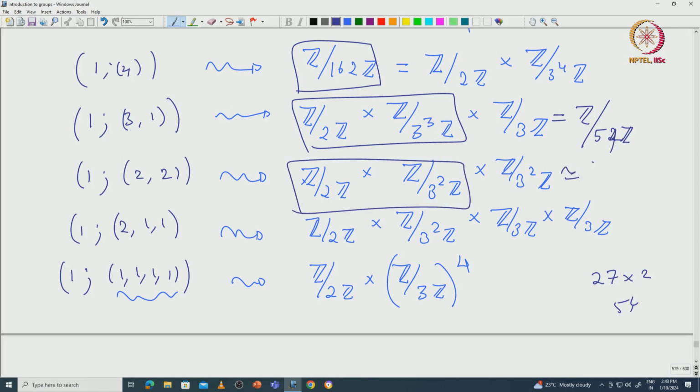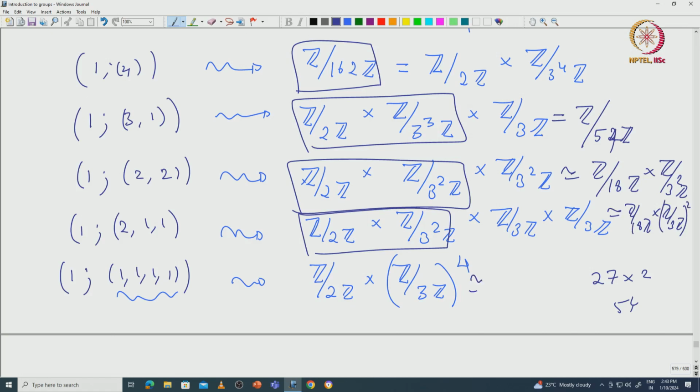The third one, again you can combine these two. Then what you get is Z modulo 18 Z cross Z modulo 3 square Z. The fourth one, again you can combine these two, so this is going to be isomorphic to Z modulo 18 Z cross Z modulo 3 Z square. And the next one, again you can combine one of them: Z modulo 6 Z cross Z modulo 3 Z power 3.